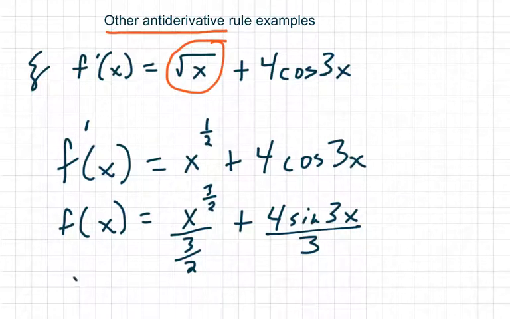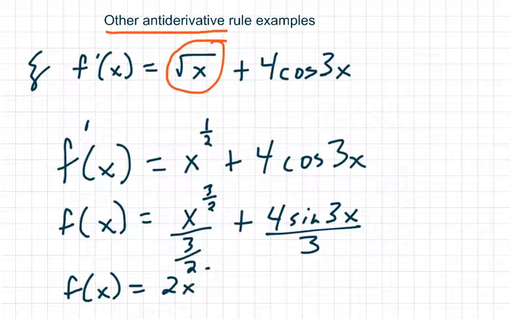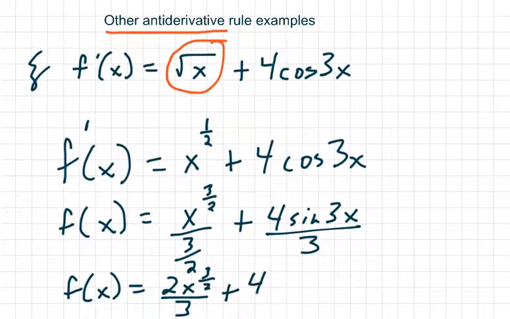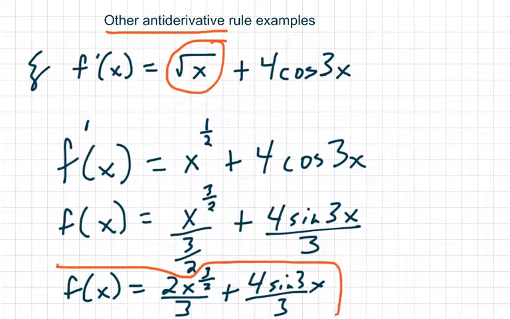So for my final answer, I'll reciprocal this, x to the 3/2. I know I'm kind of squishing it in here, plus 4 sine 3x over 3. So you can see I used the power rule and a trig rule there.